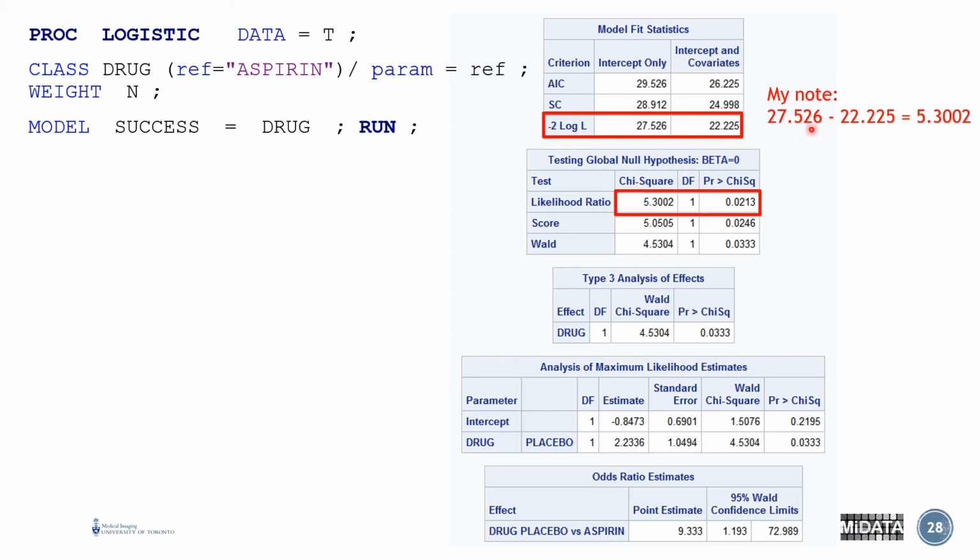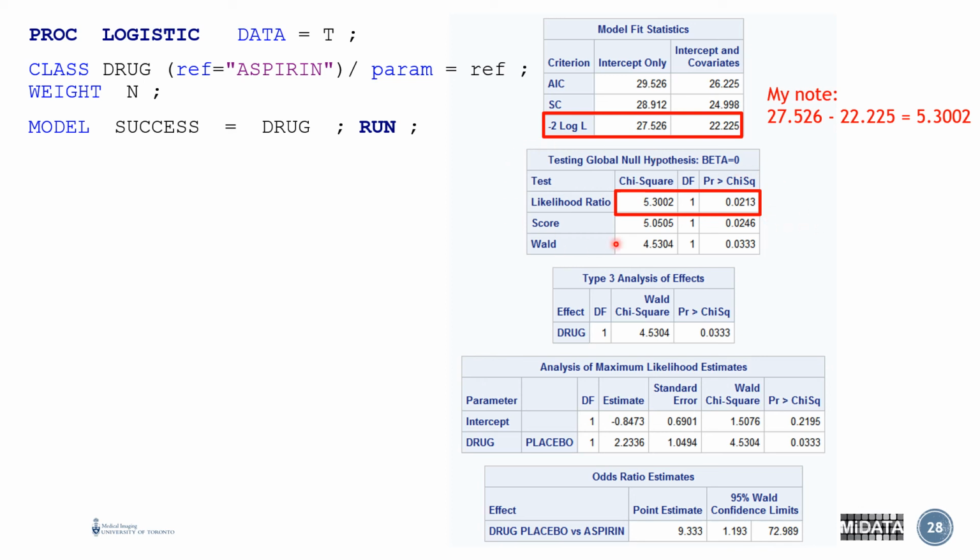When you take the ratio, or in this case, the difference, because that's a property of logs, that a ratio of logs is equal to the difference of the logs, this yields the chi-square of the -2 log likelihood ratio, as you've seen before. Then you can test it to see the probability of obtaining a result as extreme or more extreme than this one by chance alone.